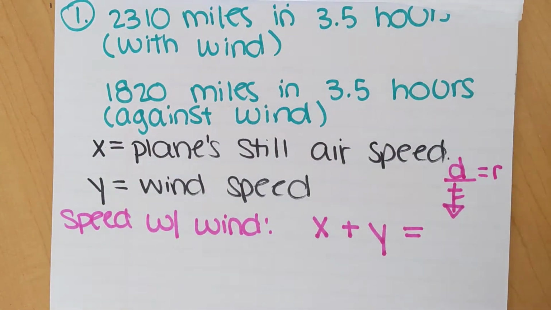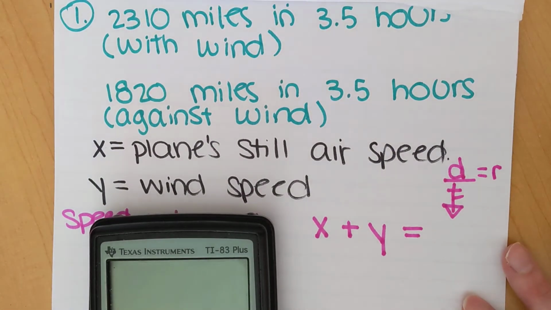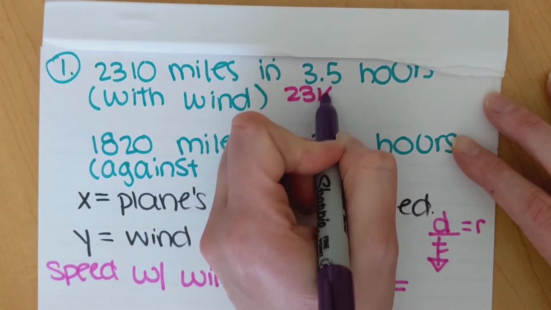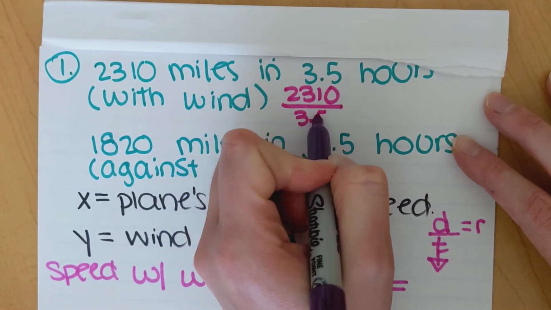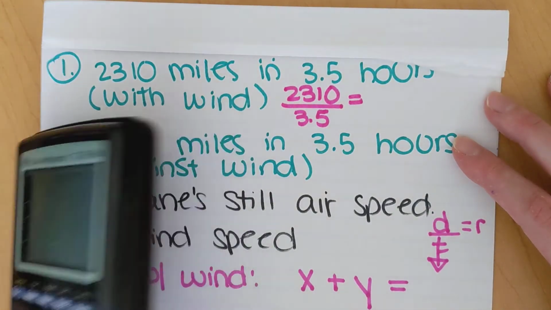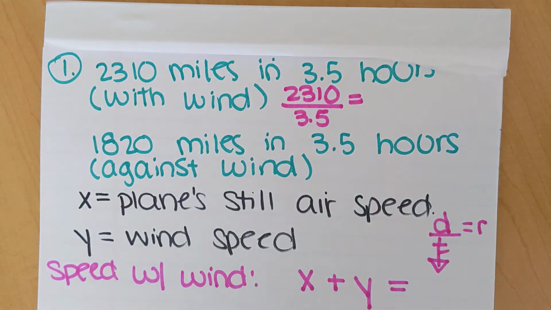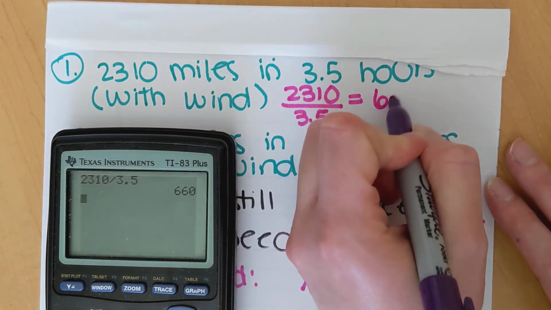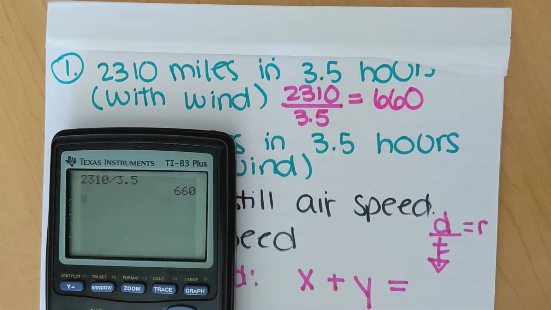So what you'll do is you will take the 2,310 miles and divide that by 3.5, and that will give you the rate of the plane with the wind. So again, you'll just take the 2,310 divided by 3.5, and that gives you 660.